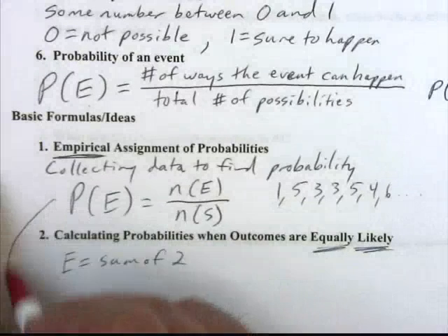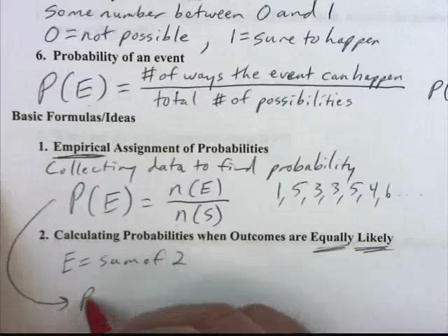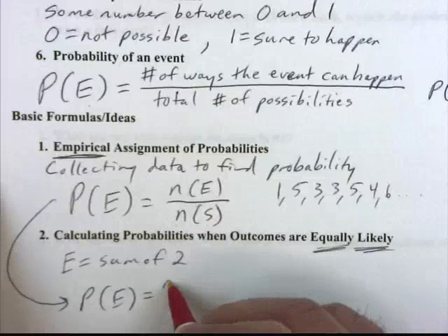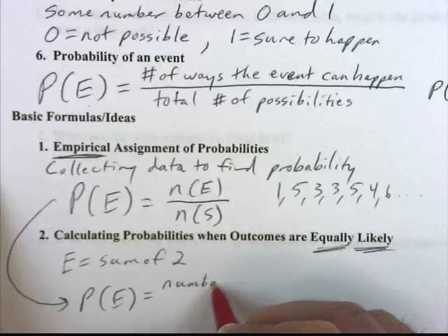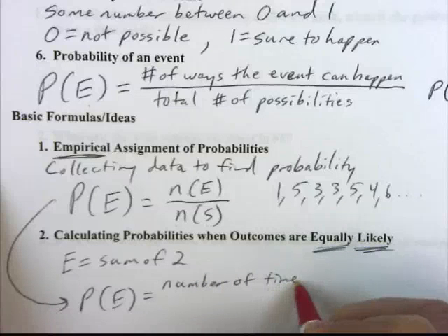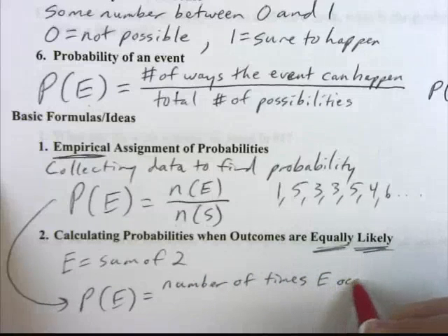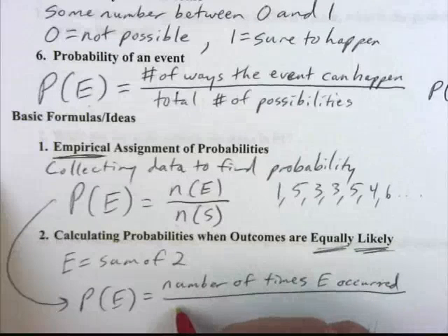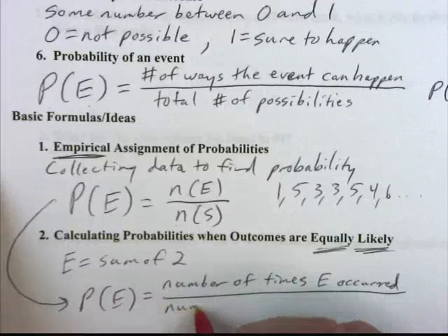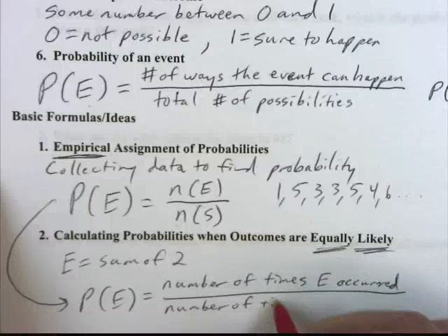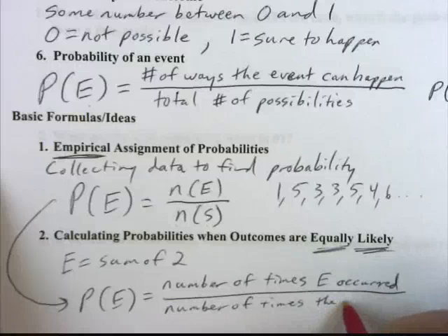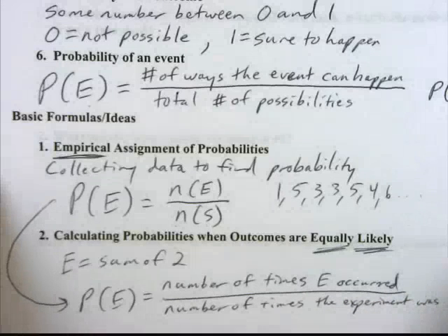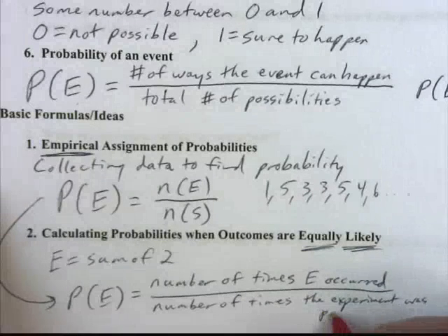So actually, maybe up here you could say, instead of this formula, we could say that the probability of event E is the number of times E occurred over the number of times the experiment was performed.